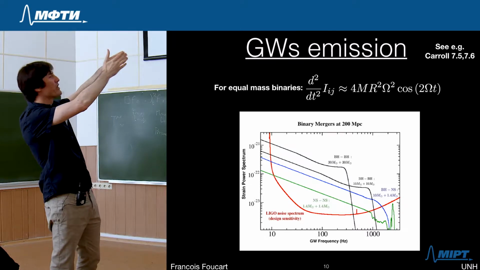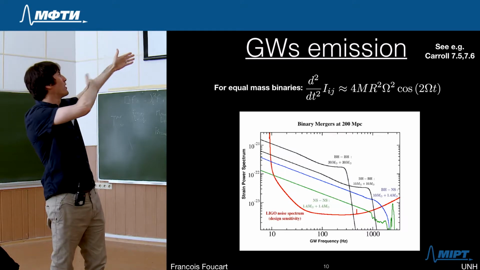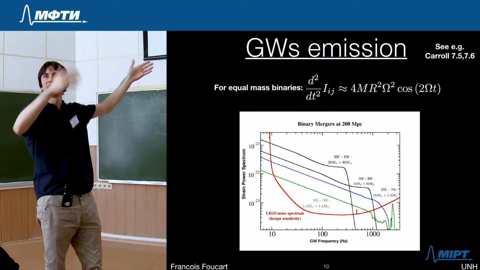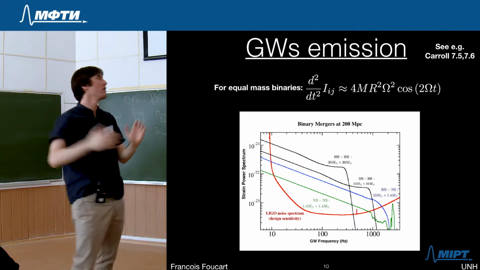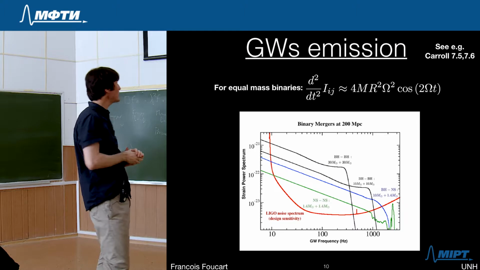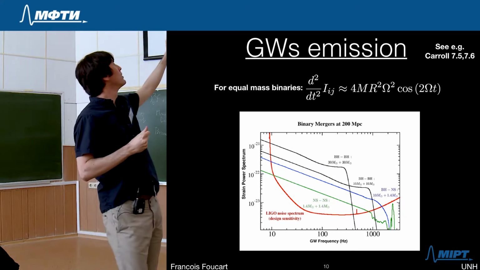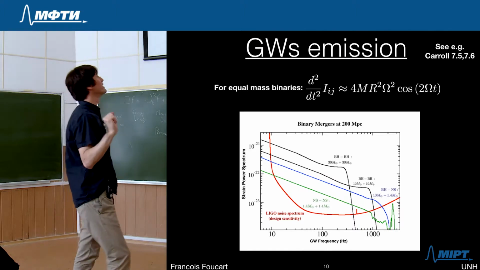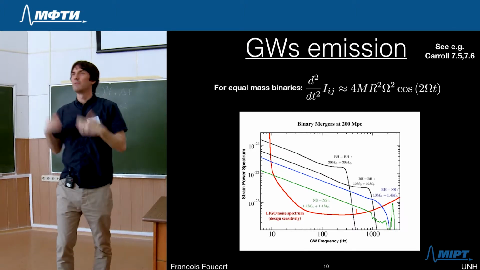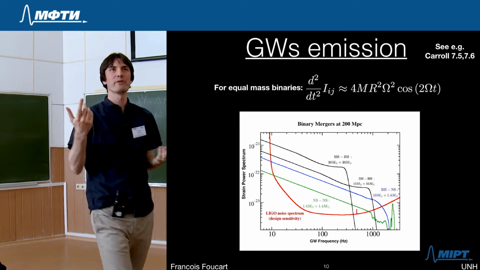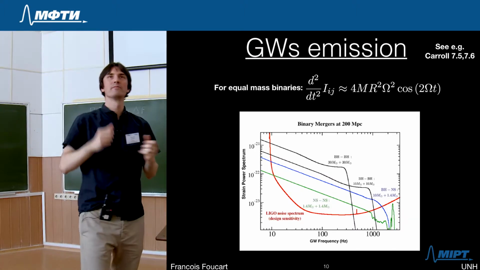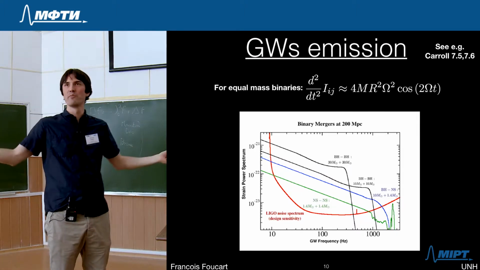And we see that LIGO is particularly sensitive around about 100 Hertz or so. That's where gravitational waves are good for LIGO to observe. So what does that correspond to? Well, if you use the quadrupole formula, we find that the frequency of the gravitational waves is twice the frequency of the binary orbit, because that's the frequency at which the quadrupole varies.